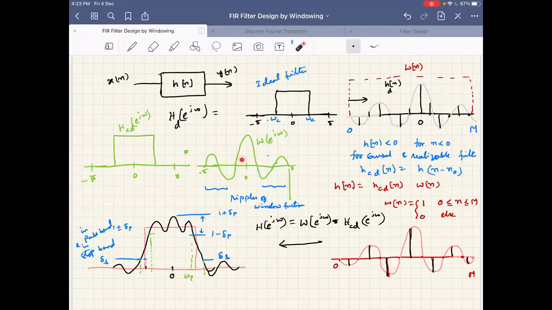Because the main lobe width is not narrow enough to make this transition sharp, we will have some transition band. Please note that if this was the impulse function, then ideally we would get an ideal response. Since this is not as narrow as an impulse function, we will have a transition band.